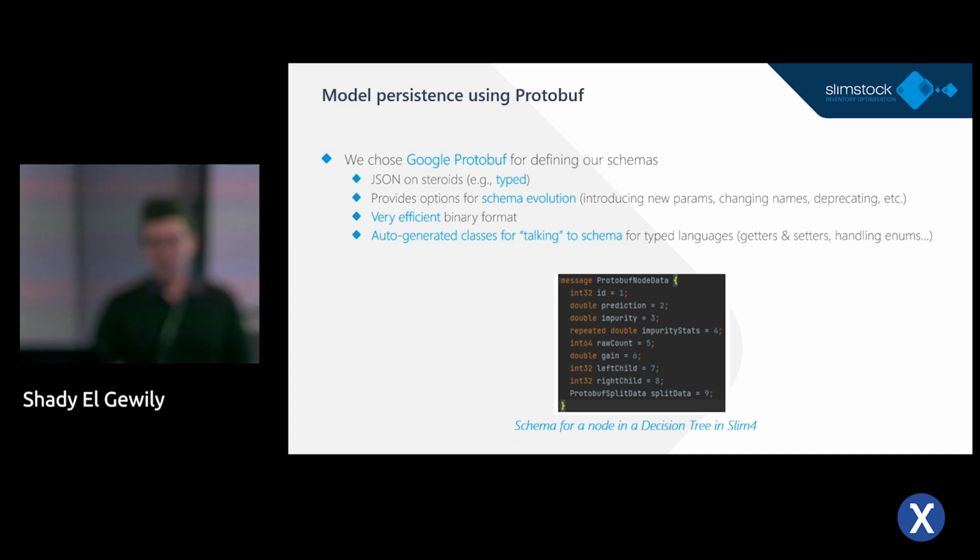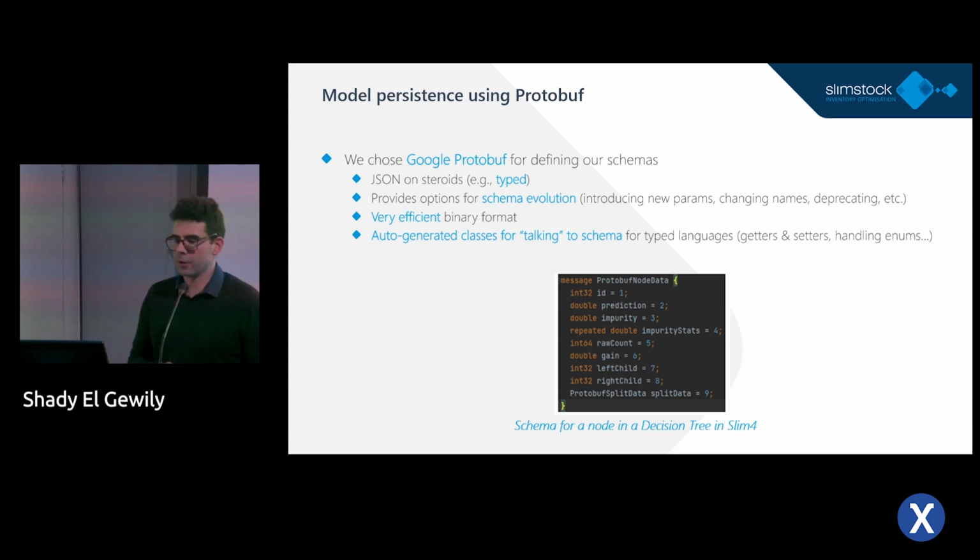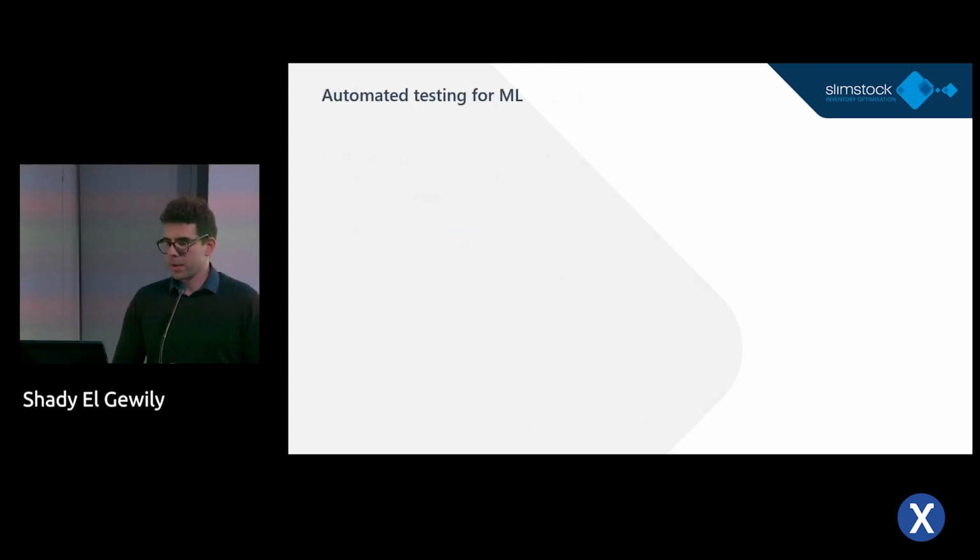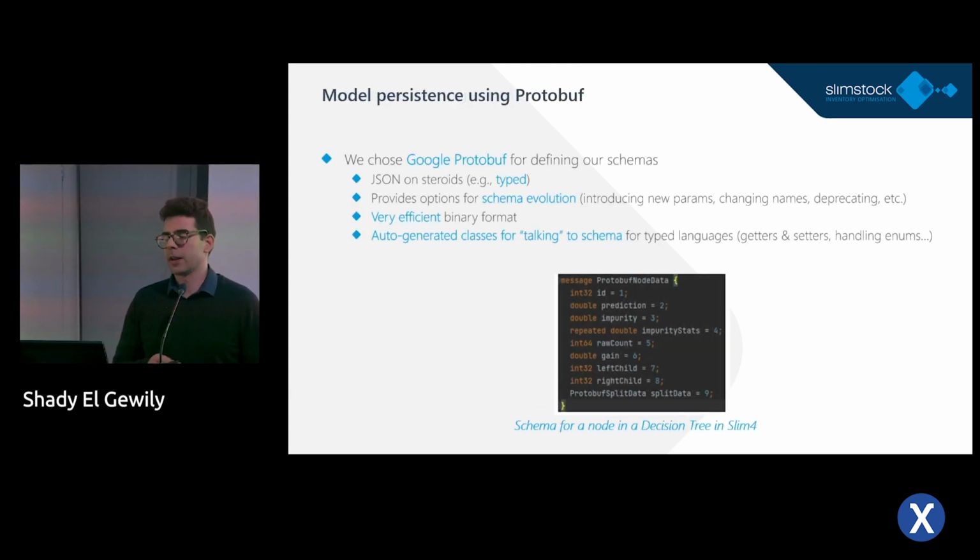A decision tree as part of a random forest basically consists of this essential data, and you can store that data in this schema, and then you can load it and save it. That's how we did it, and then the stored object can be saved to a file or to a database or whatever.